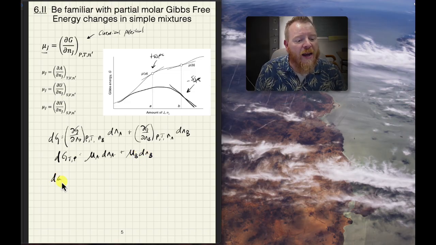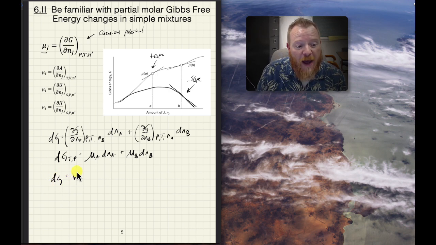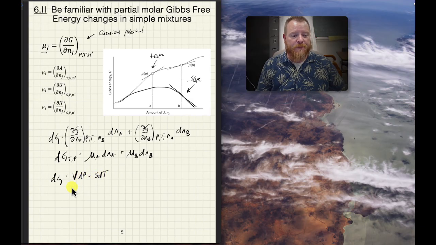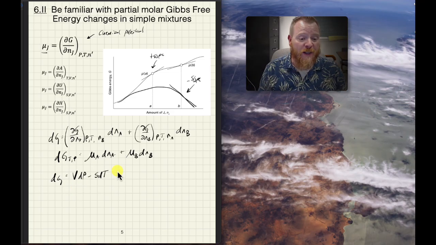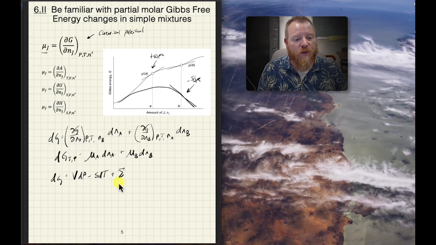Or if we want to look at our total expression for dG, we know we're going to have the fundamental equation, V dP minus S dT. But now, if we allow for there to be a change in number of moles, we can also add this extra term.